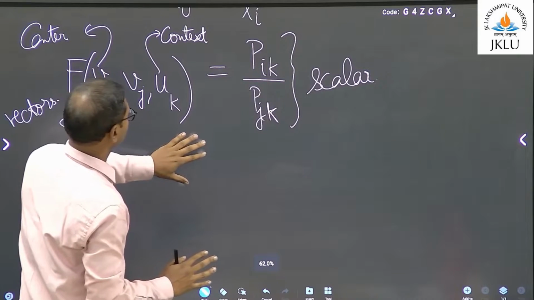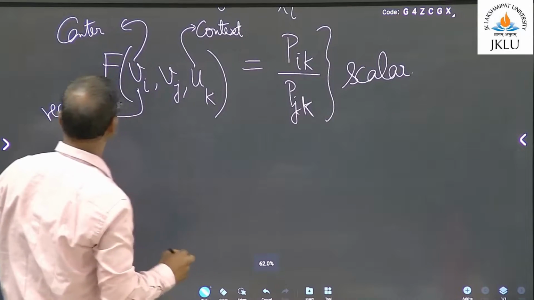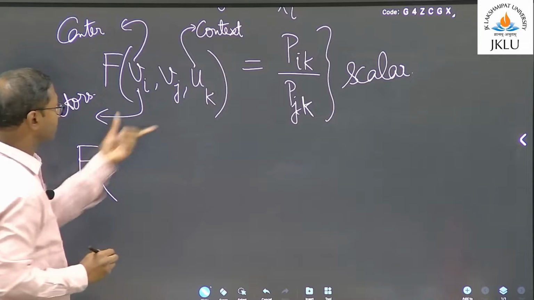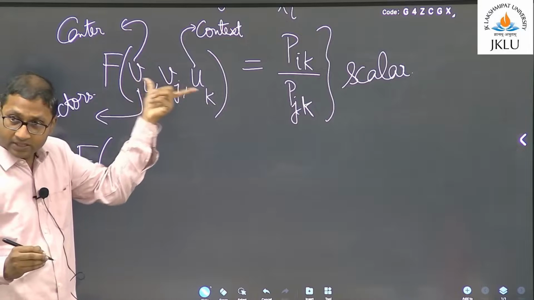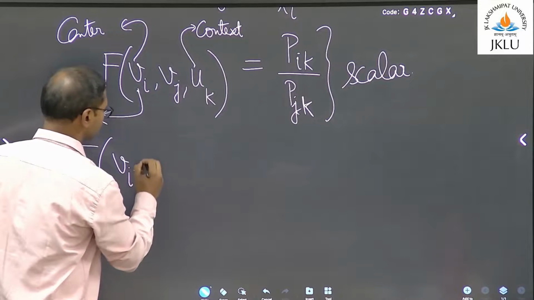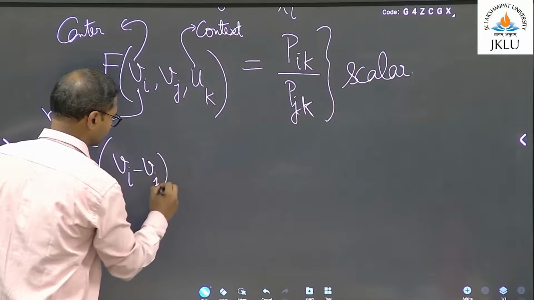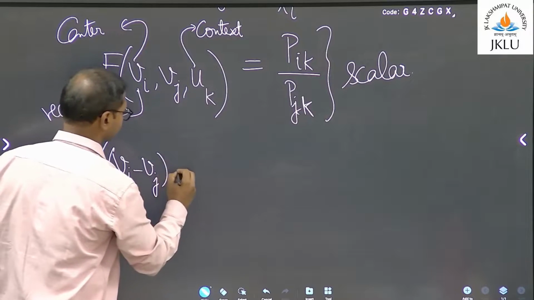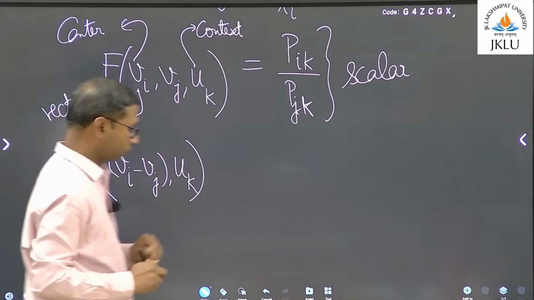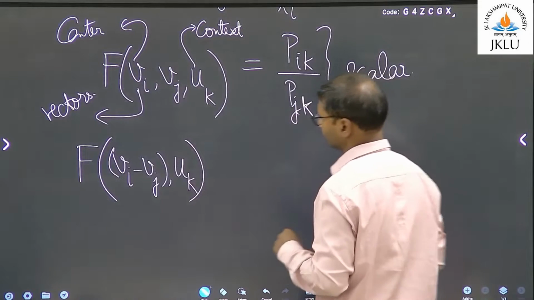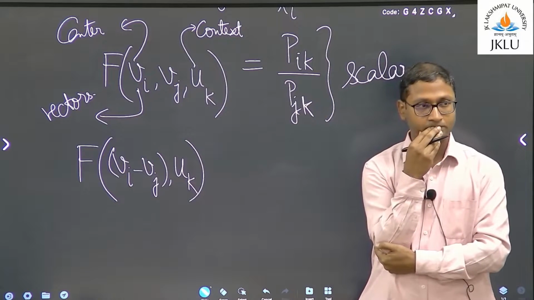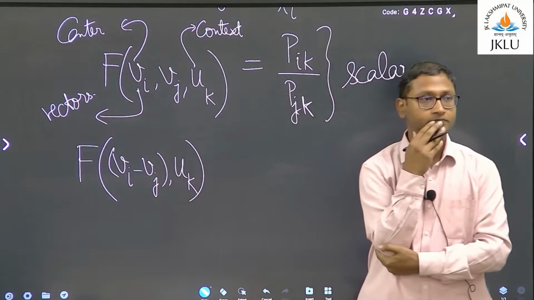Okay. So their observation tells us, they say this F, instead of being a function of all these three variables, it better be a function of just what is the difference? What is this new thing now?